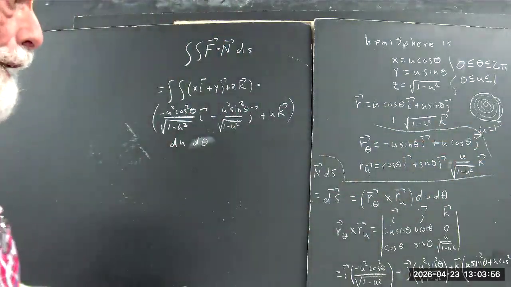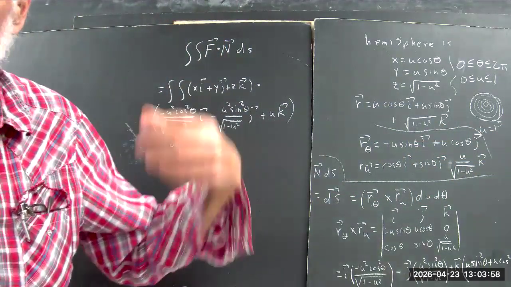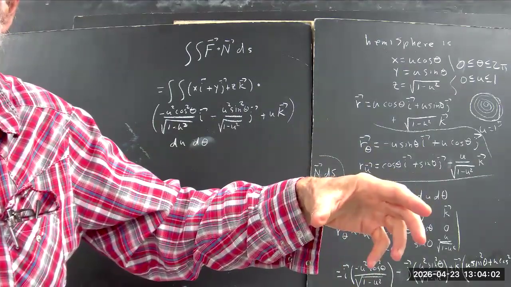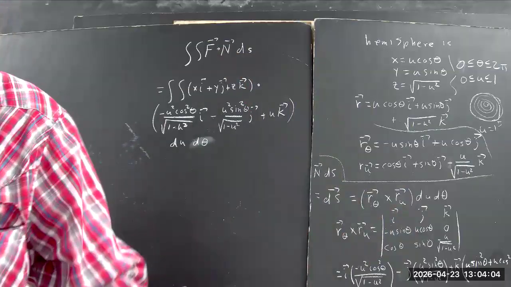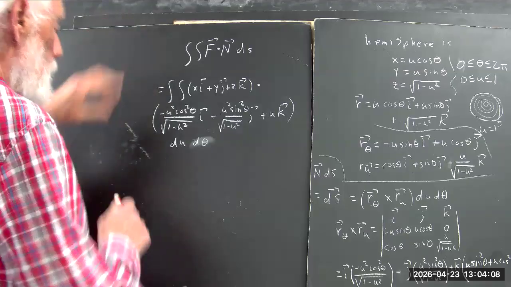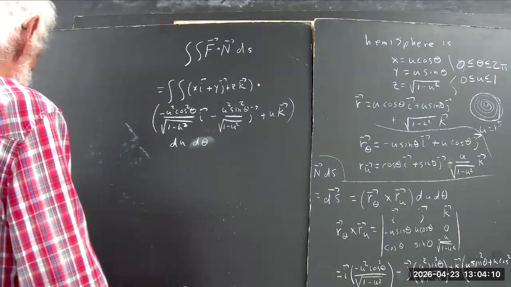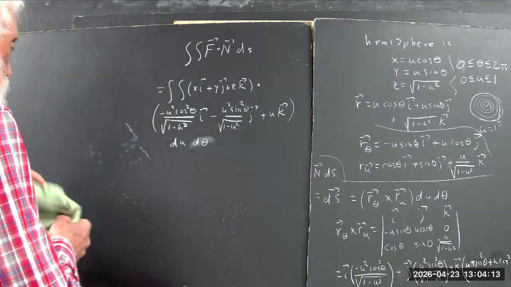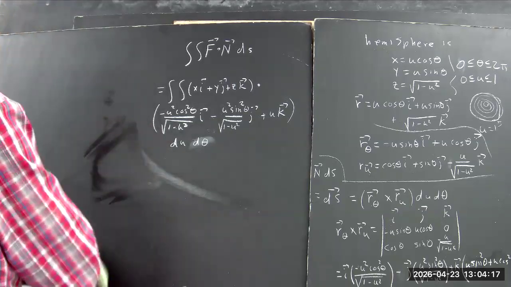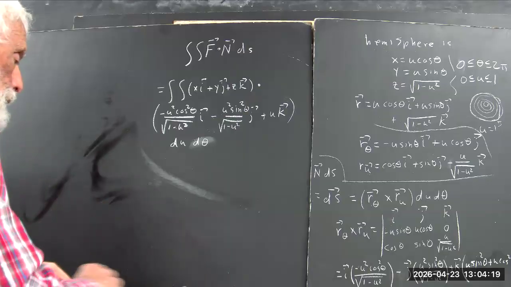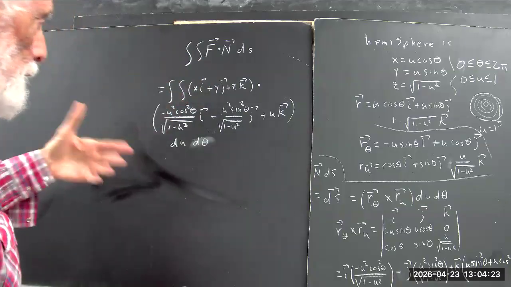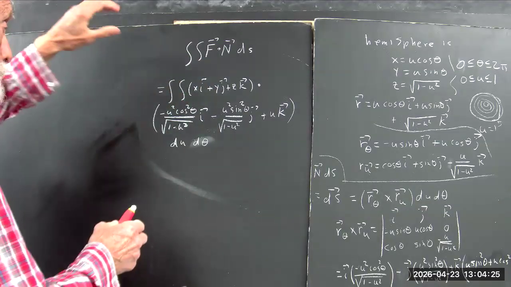So on the surface, x equals u cosine of theta, y equals u sine theta, and z is the square root of 1 minus u squared, okay? So you probably wouldn't write out that intermediate step after you've done a number of surface integrals. You know that you don't need to write it out. But on some papers, I've seen it written out like this, and then it can lead to confusion.